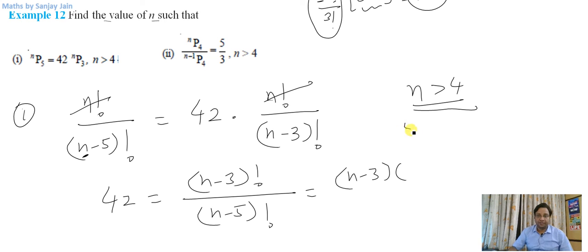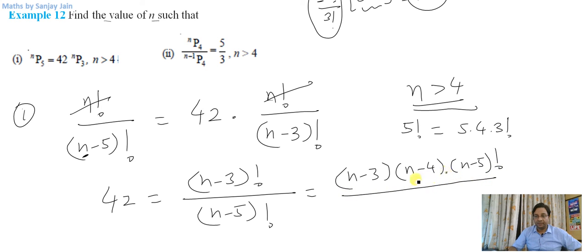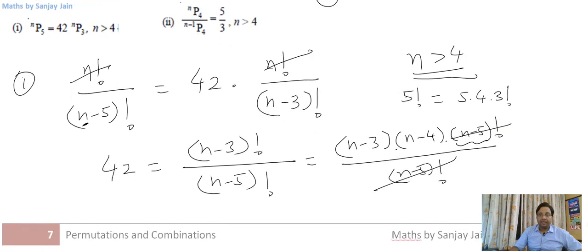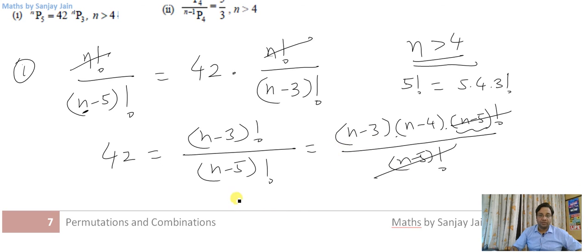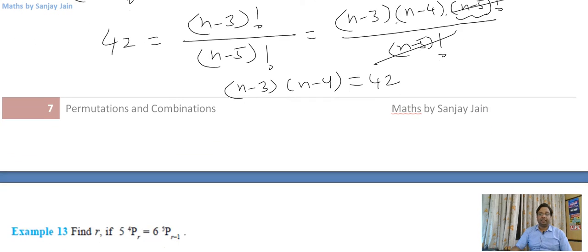If this would have been 5 factorial, I can always write it as 5 into 4 into 3 factorial, so that is what I'm going to do here. (n minus 3) factorial can be written as (n minus 3) into (n minus 4) into (n minus 5) factorial, right? Divided by (n minus 5) factorial. Now I'll cancel this (n minus 5) factorial and I will get a quadratic in n. So it will be (n minus 3) into (n minus 4) and it is equal to 42. So I'll solve this quadratic and find values of n, and n has to be greater than 4.